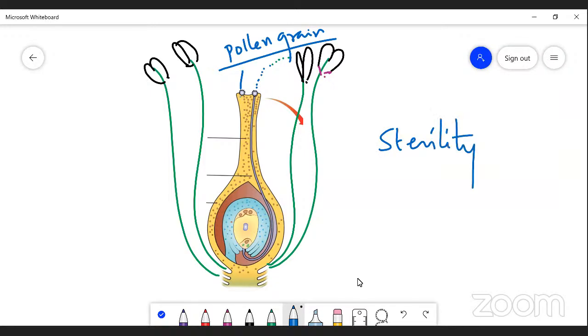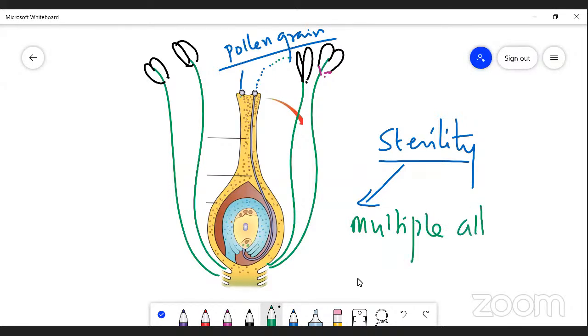Sterility is a process by which pollen grains never germinate on the stigmatic region of the gynoecium. Here, the sterility is caused by multiple alleles.